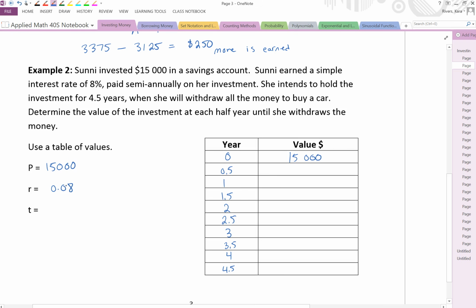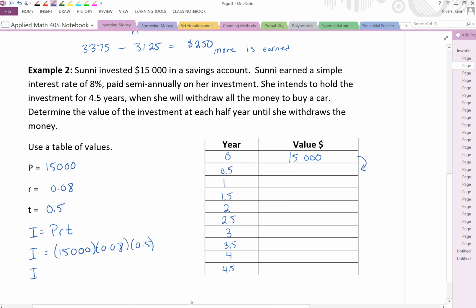Now for time here, we just want to know how to get from time 0 to time 0.5, not from time 0 to 4.5. So for t, we're going to put 0.5. And if we use our I equals PRT formula, we could figure out what each half year has earned her.